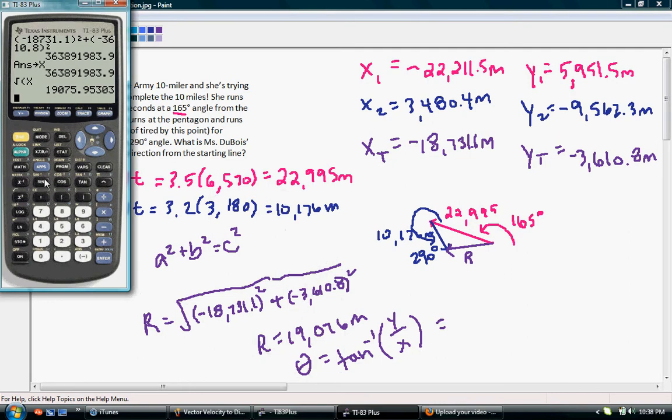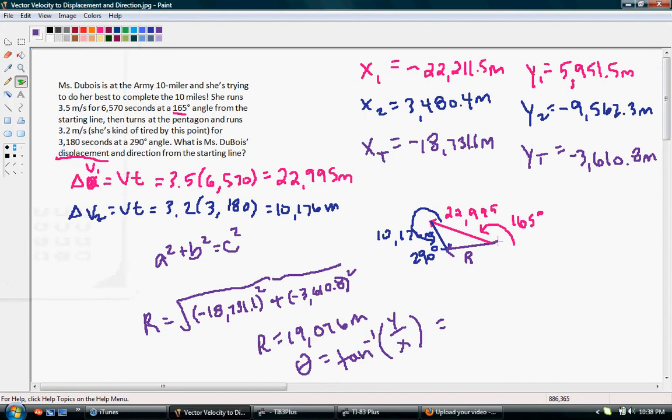So I'm going to say inverse tangent of negative 3,610.8 over negative 18,731.1. It gives me 10.9 degrees, which is actually in our first quadrant, that little tiny angle of 10 degrees up from 0.